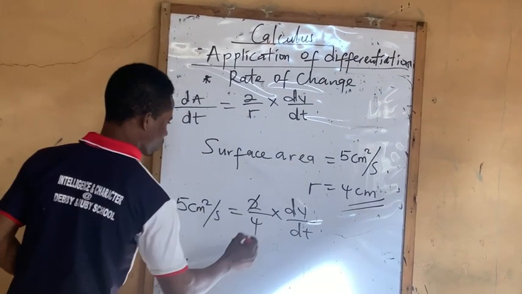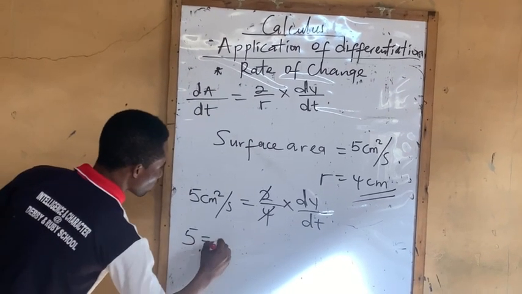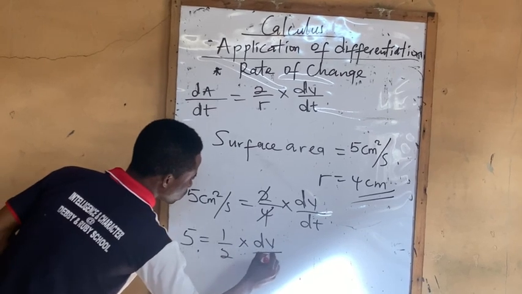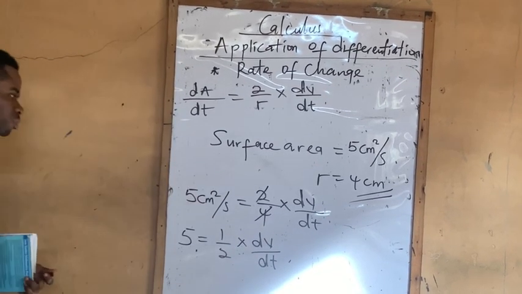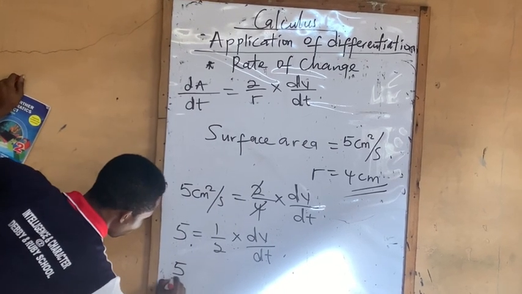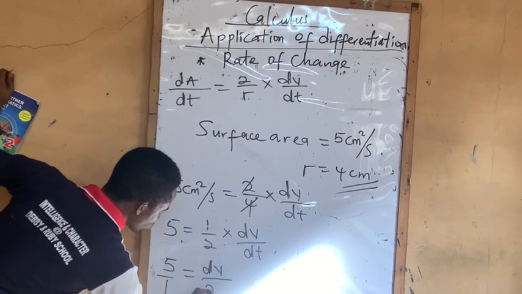That means 2 here, 1; 2 here, 2. That means 5 equals 1 over 2 times dV/dt. As simple mathematics, I can just say 5 over 1 equals 1 times dV over 2 dt.